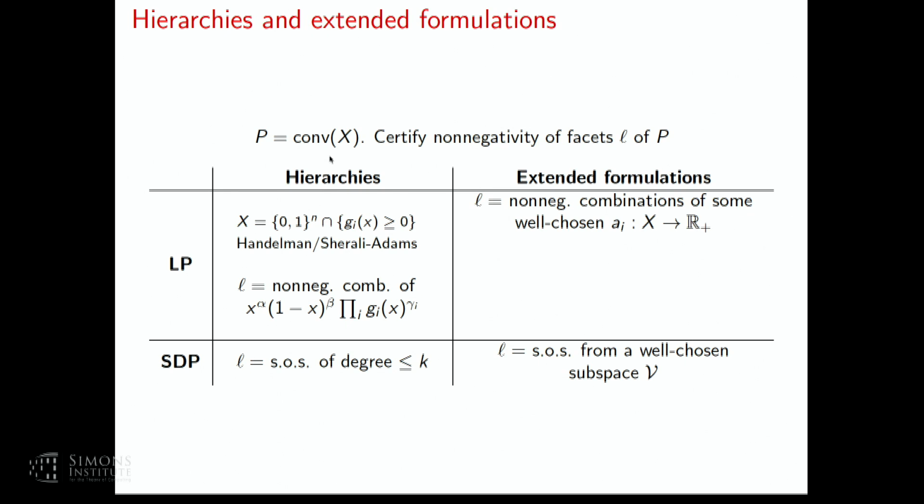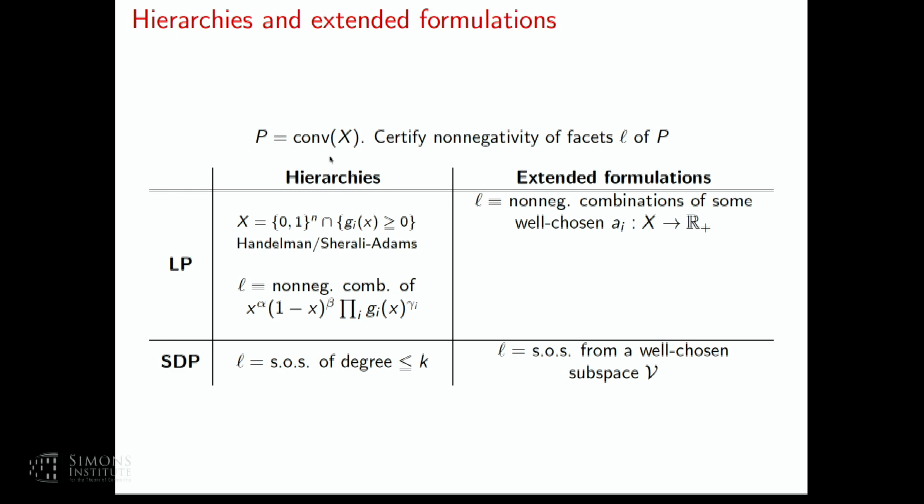So what is the analog of this in the LP case? In the LP case, the picture that Thomas explained can also be transcribed as follows: you want to write your facet inequalities as non-negative combinations of certain well-chosen functions. These are nothing but either the columns or the rows of one of the matrices in the LP factorization, and the other matrix gives you the non-negative weights that you need to express all the facets.